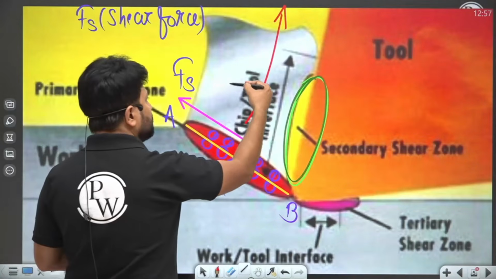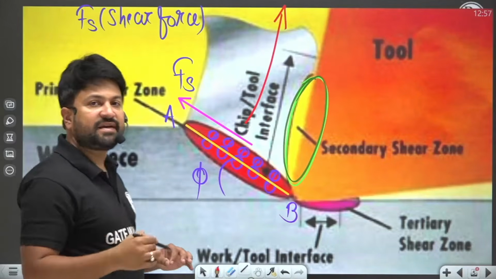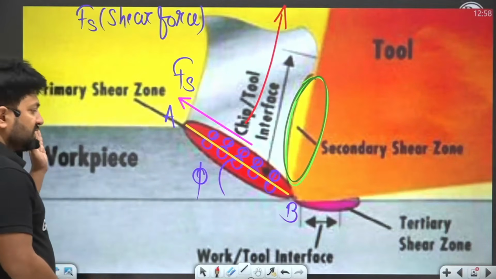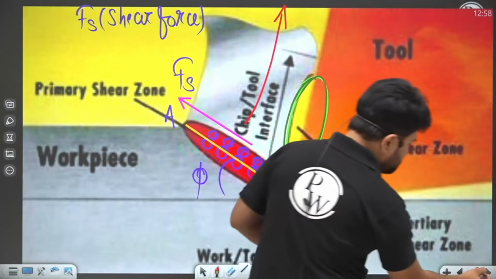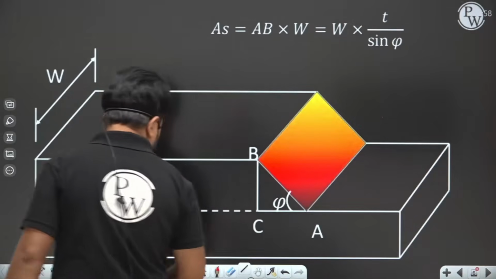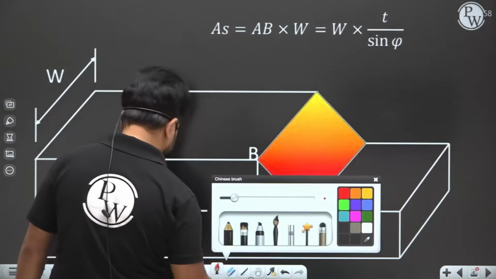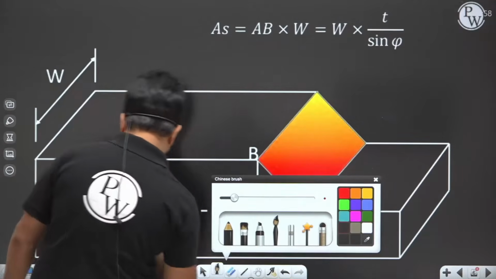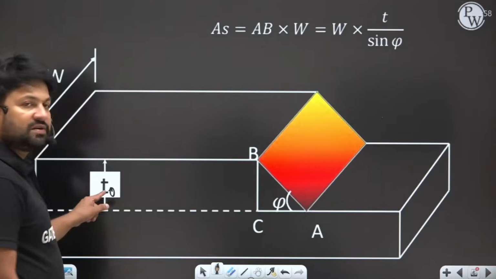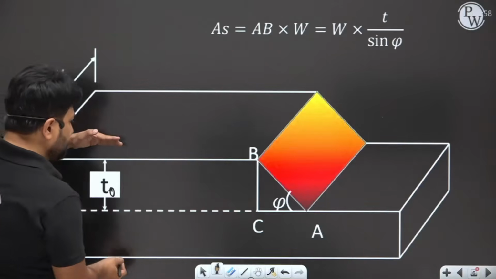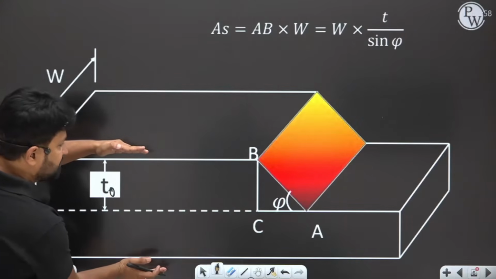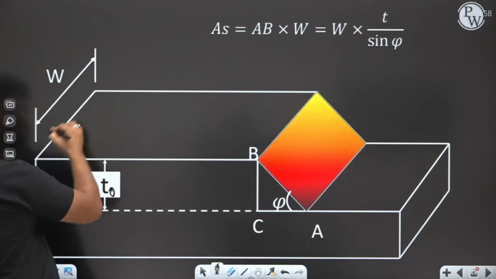Suppose that you are going to remove the chip. In that case I'm going to show you the width of the workpiece. See here, this is T0, that is the uncut chip thickness. So this is a two-dimensional figure in 3D. That is the width of the workpiece.